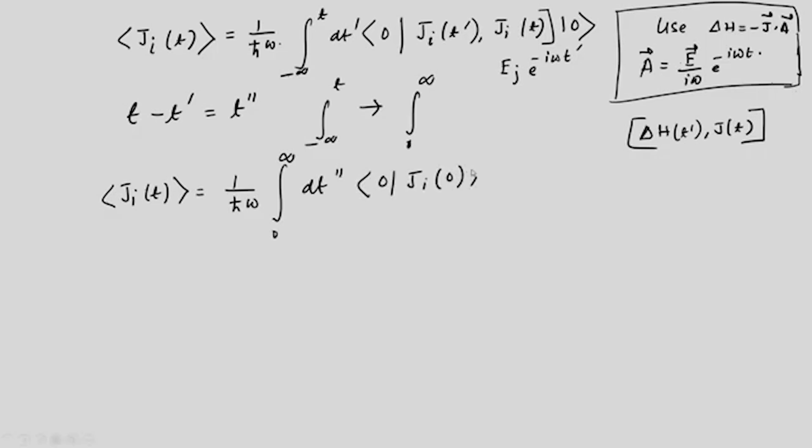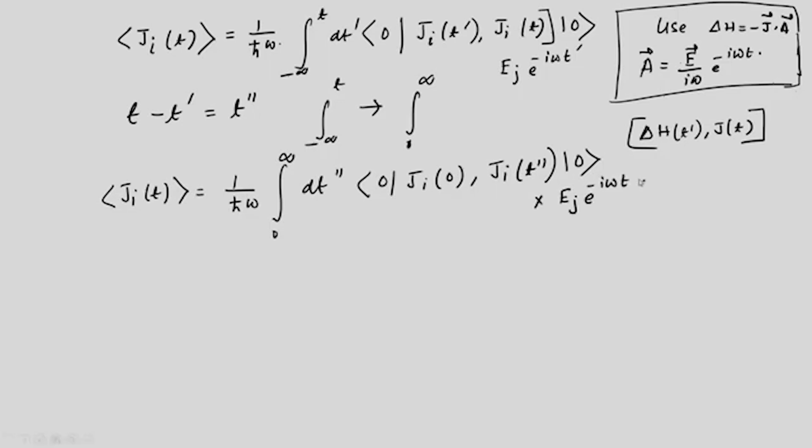So t prime we are setting to 0, and then we are replacing t by t double prime because of the translational invariance, and then we will have an exponential, exponential of i omega t inside, multiplied by exponential of minus i omega t.